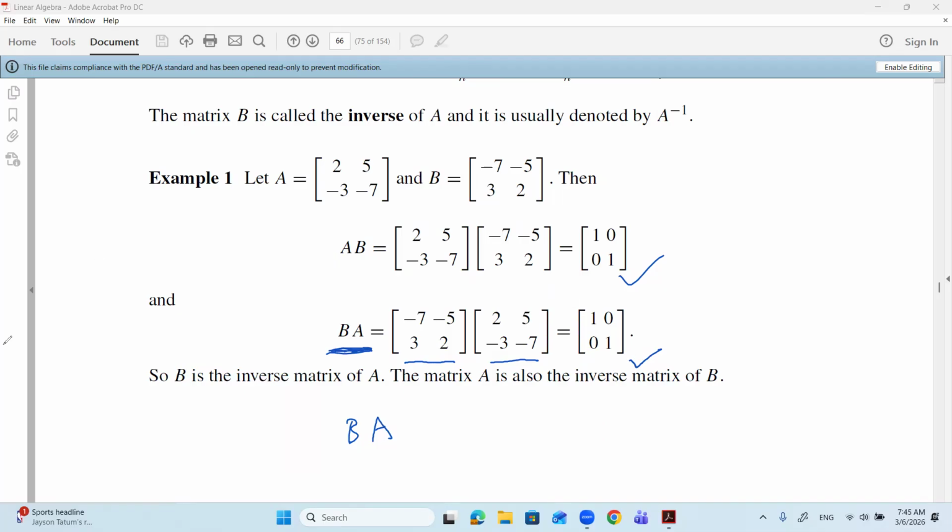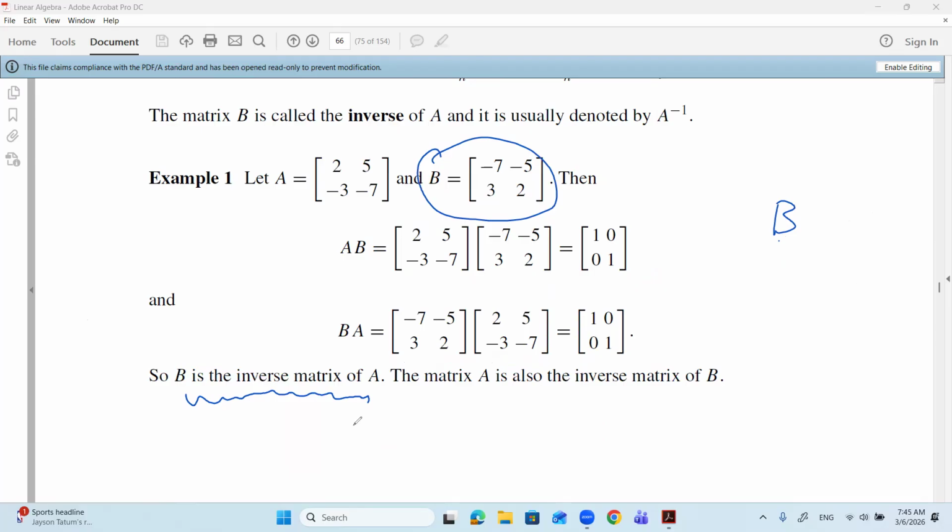So therefore, we just verified that the given B is the inverse of A. We can only claim that B is the inverse of A if B satisfies the two conditions of the definition of inverse.